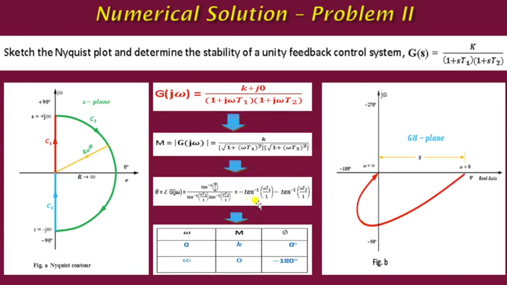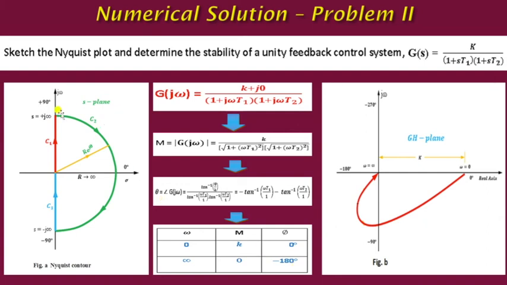It is tan 0, which is 0, and this is also tan 0, that means 0. So this is the starting point. Then put omega equal to infinity, this is the finishing point. Infinity means minus 90 and this is also minus 90, so the resultant angle is minus 180.